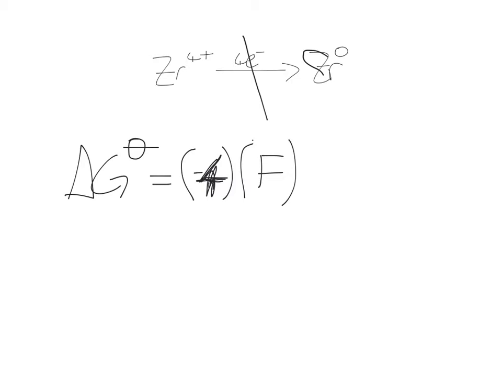Maybe it's right. Multiplied by the standard potential of the cell, which is minus 1.55. So that's the thing we can now punch into our calculators. And if you forget your calculator in this exam, you really are screwed, so please don't do that.